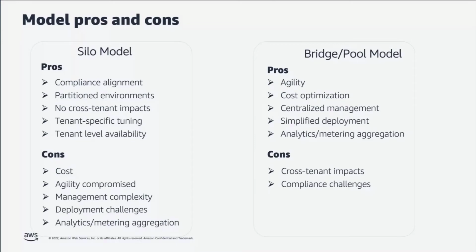With bridge and pool models, tenants can be affected by noisy neighbors. So you should have automated tooling to monitor and identify noisy neighbors and, of course, a mechanism to isolate them to reduce the impact and provide a better tenant experience.